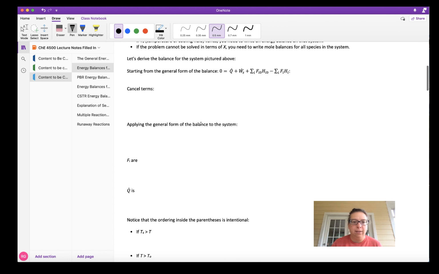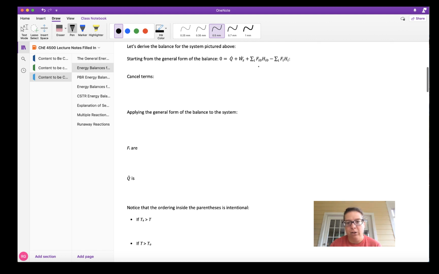Okay, so let's derive the balance for the system pictured above. To do this, we're going to take the general form of the energy balance that we arrived at in the last lecture, and we're going to apply it to that system. So the first thing to do is to cancel terms. I'm going to cancel the Ws term.